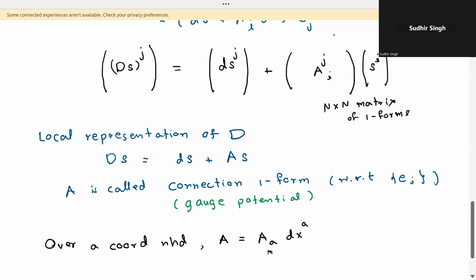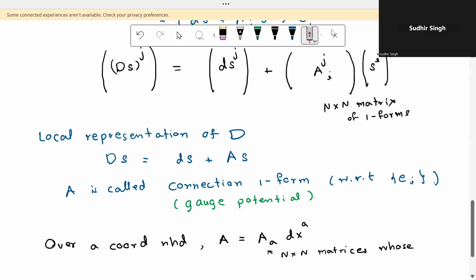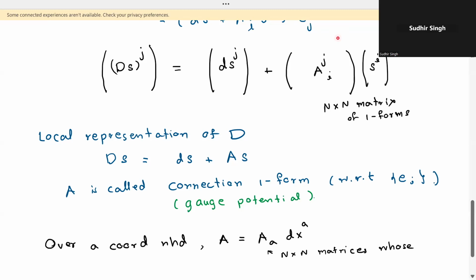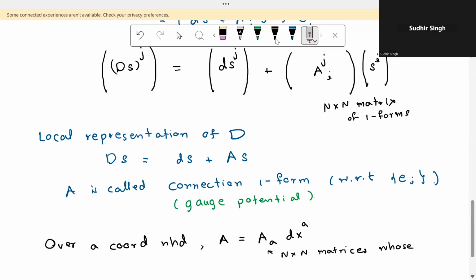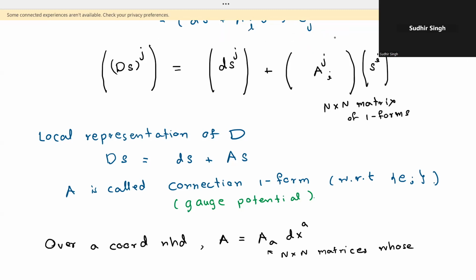So these are n by n matrices, and those entries are now not one forms because we took the one form part out here. So the entries are now functions.